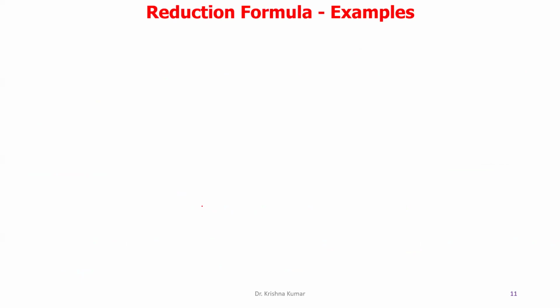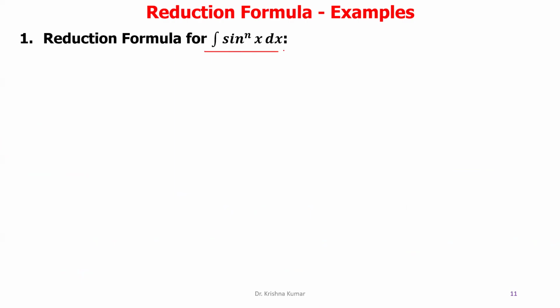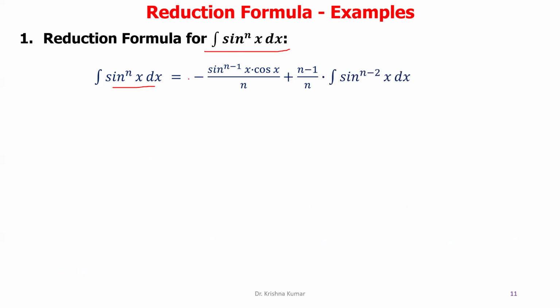Next, what are the examples of reduction formulas? Let us take the reduction formula of the integration of sin^n x dx. The integration of sin^n x dx is equal to minus sin^(n-1) x cos x divided by n, plus (n-1)/n times the integral of sin^(n-2) x dx.